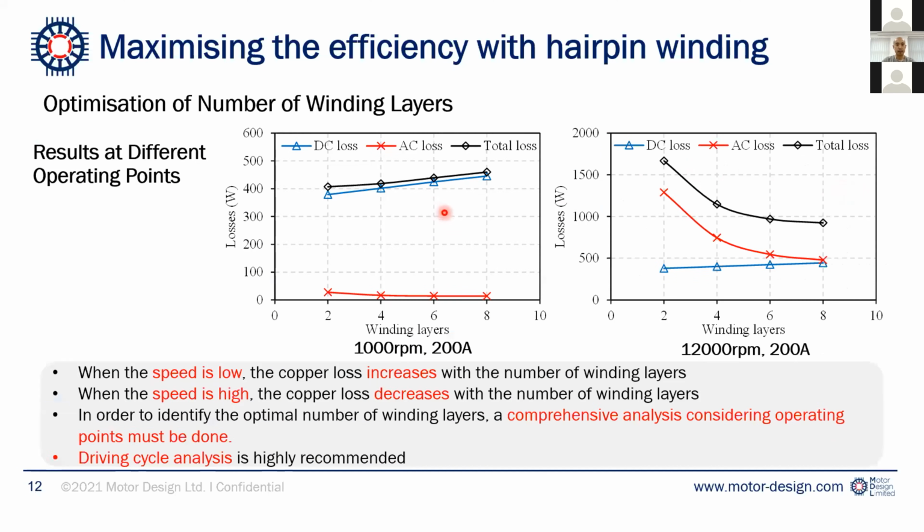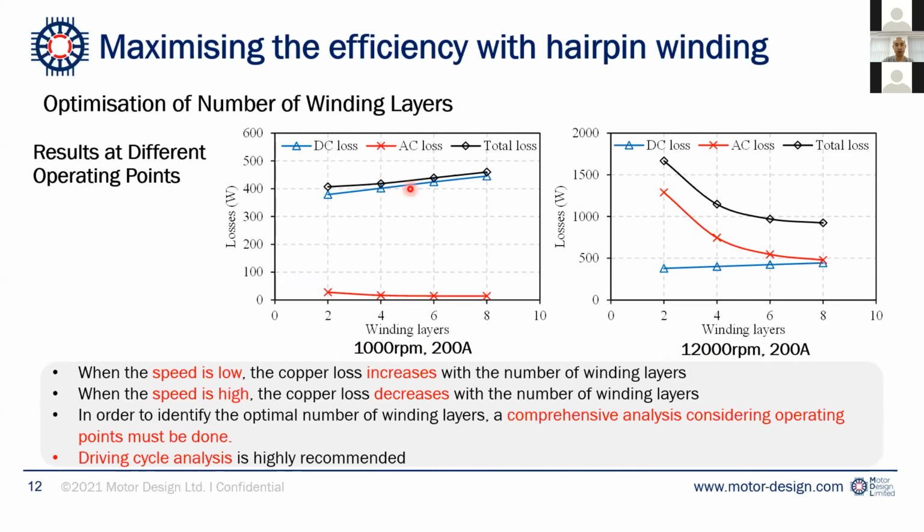So here are some results at different operating points: 1,000 RPM, which is a relatively low speed, and 12,000 RPM, which is a relatively higher speed. We can see different behavior of the losses.